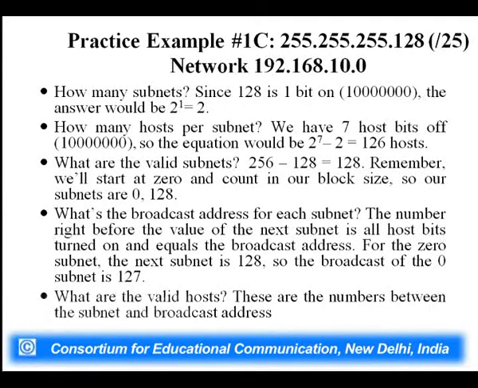We will have only 7 host bits, because 1 bit we are using for 2 subnets. If it is 1, it represents one subnet; if it is 0, it represents the other subnet. 192.168.10 is my class C address, and the last host octet, which is 0, I am using for subnetting. So out of these 8 bits, 1 bit is used for subnetting.